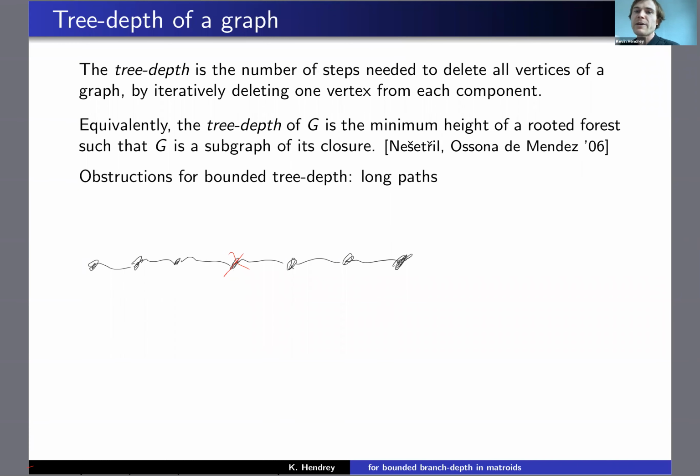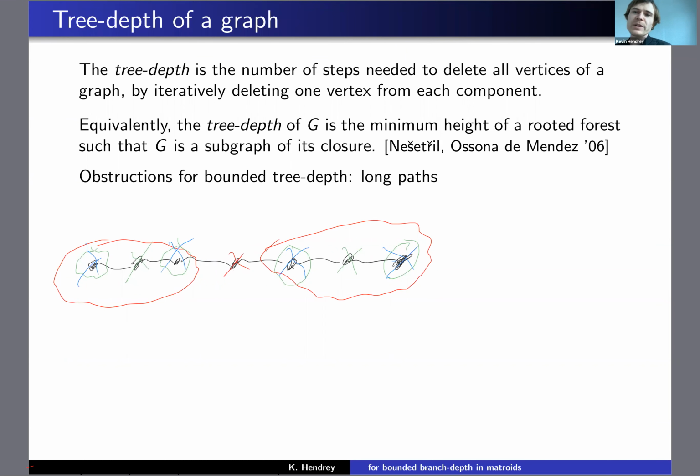When I delete this vertex, I split it into two components, which means on the second step I'm allowed to delete two vertices. So let me delete this vertex and this vertex. Now I've split it into four components, which means on the final step I'm allowed to delete all four vertices. So the tree depth of this path is 3, because I had to use 3 different colors, one for each step.